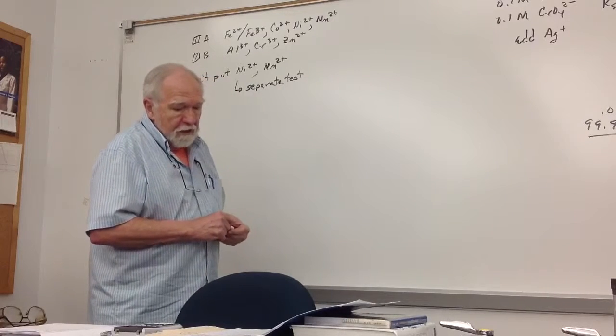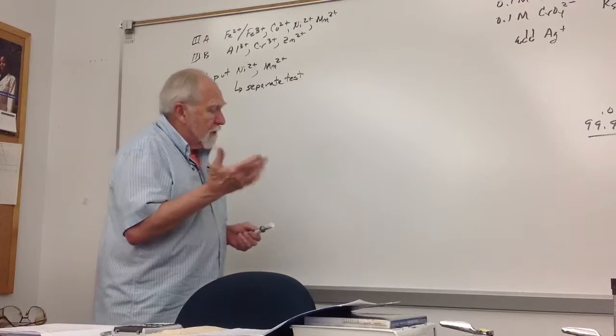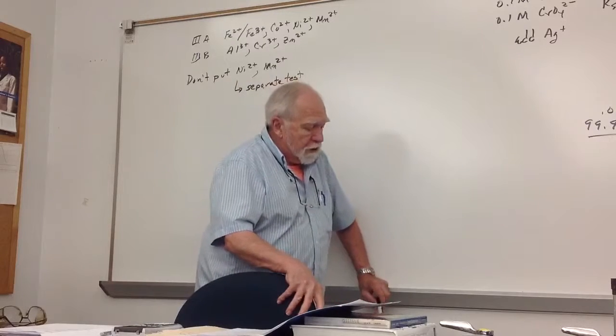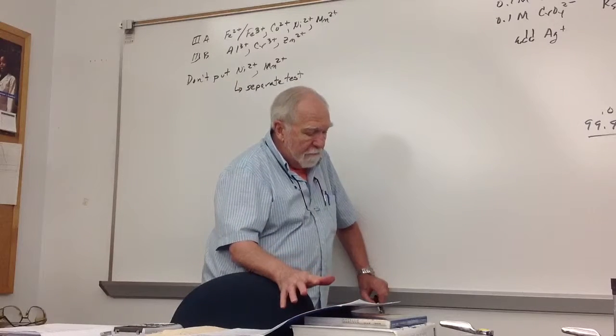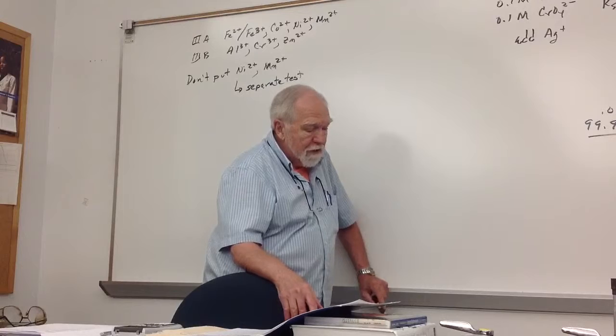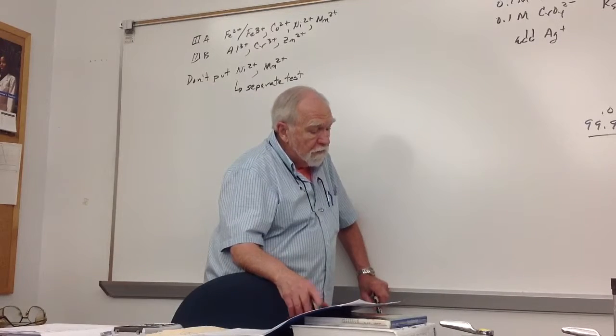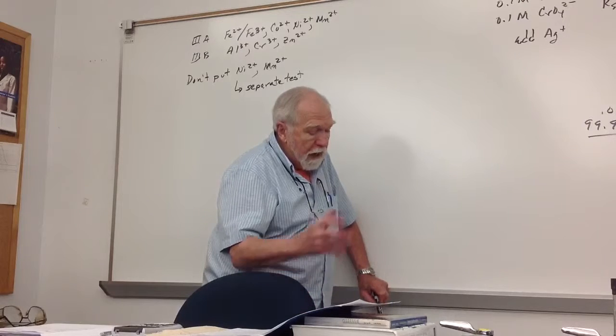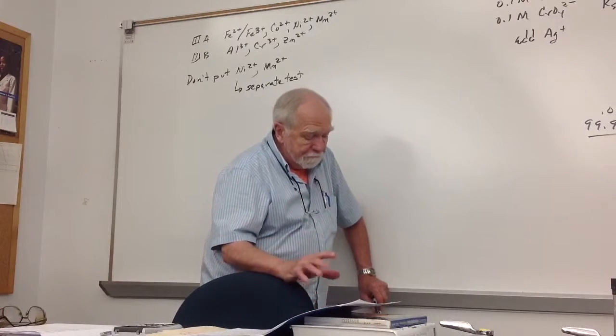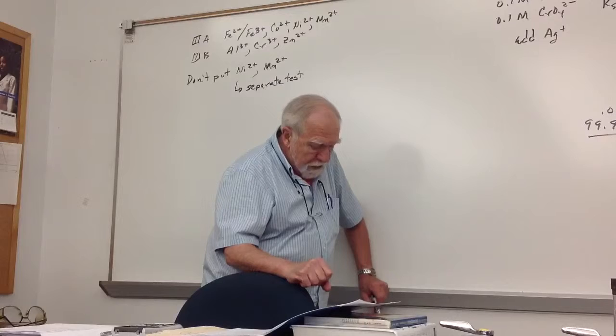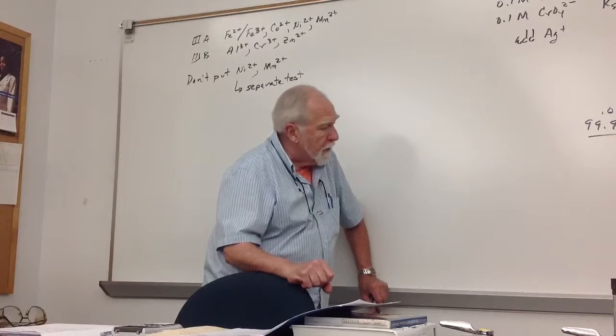Okay? I talked about the pitfalls of the procedure 15, A.1 I called it, because you're adding ammonia till the solution is basic. Then you're adding ammonium sulfide. The biggest problem is you make a colloidal suspension. It's hard to get that to precipitate.